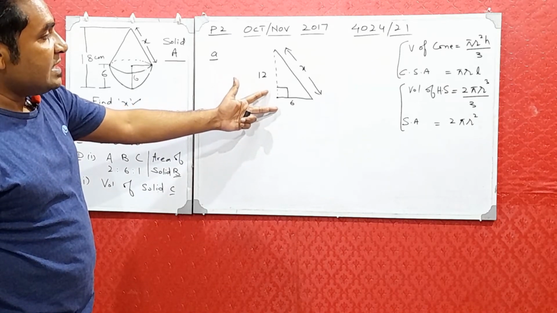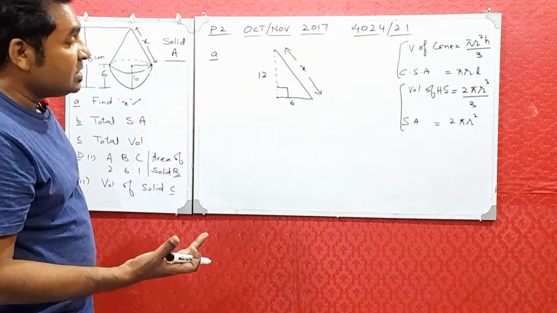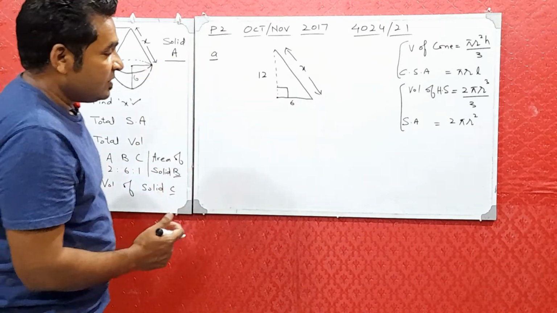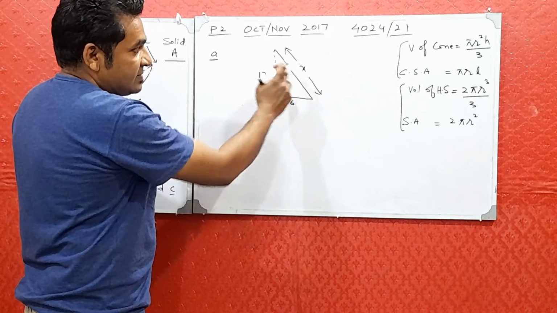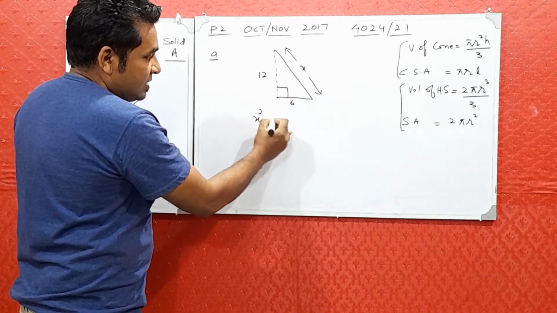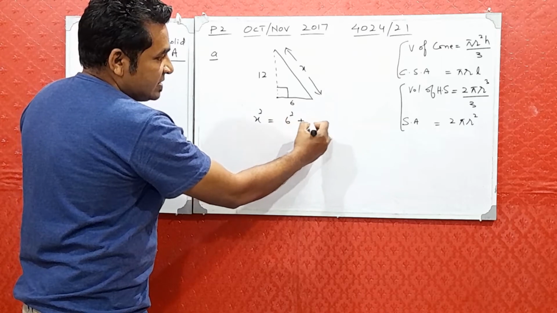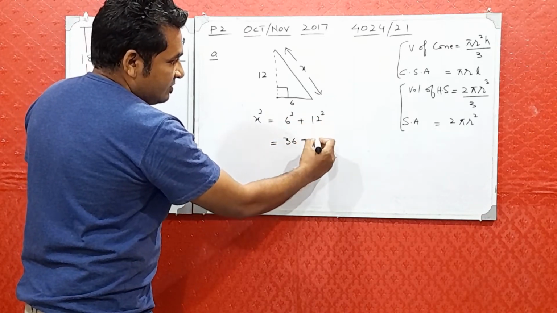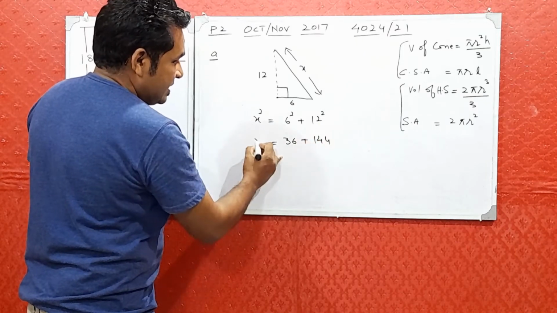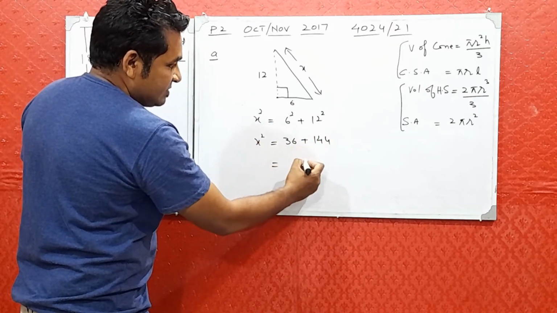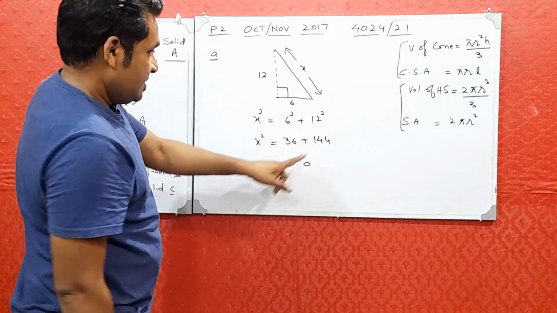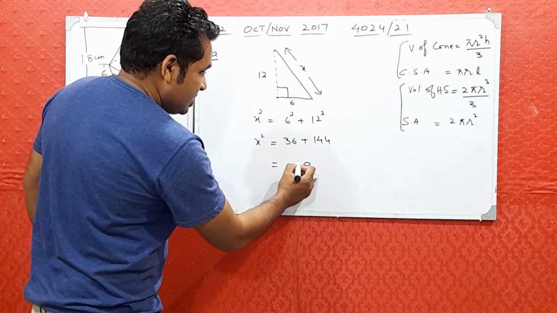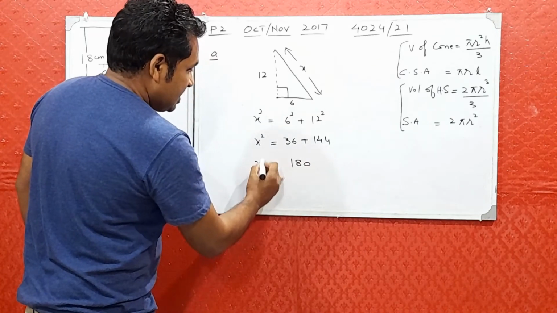Two sides are given, one is unknown, and we can use Pythagoras theorem to find the value of this x. This becomes the hypotenuse, so x squared is equal to 6 squared plus 12 squared. 6 6s are 36, 12 12s are 144, and this is x squared, which is 180.